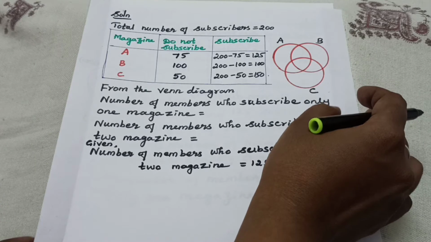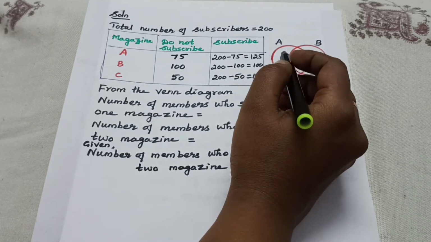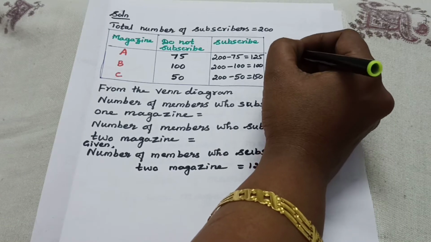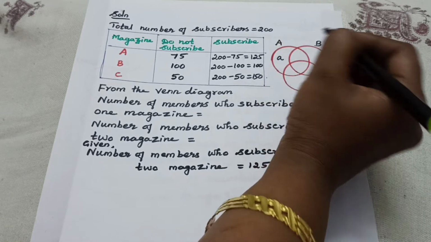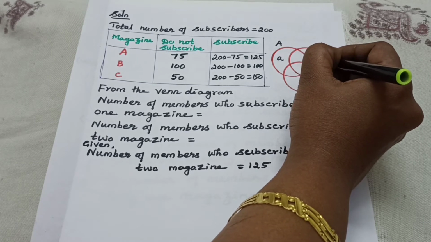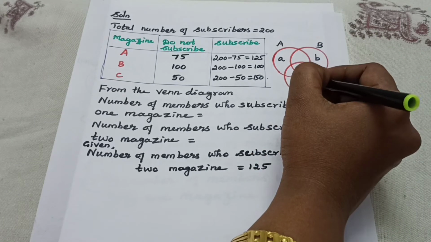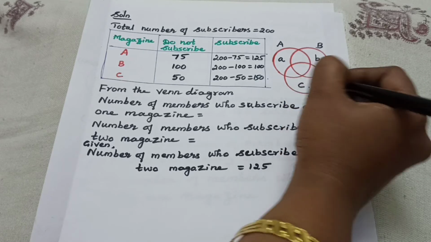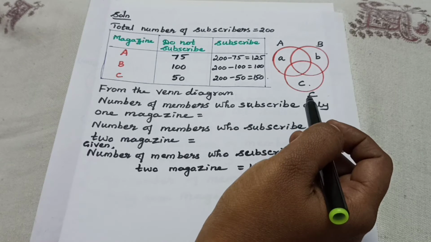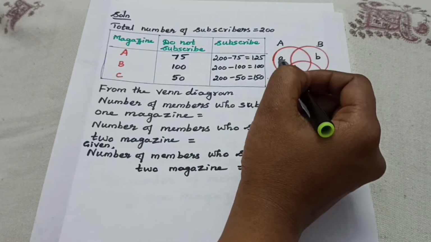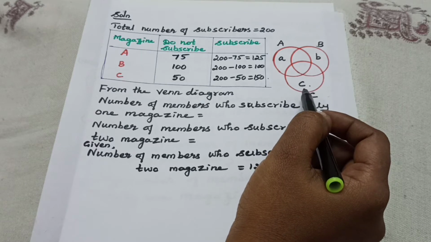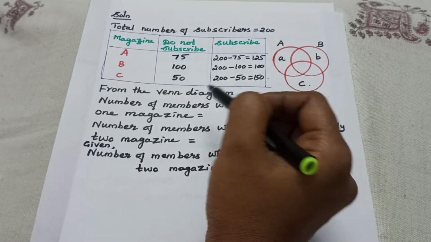Then we have to draw the Venn diagram. With the help of the Venn diagram we have to do this one. This portion, only A, we have to take A. This portion only B, we take B. This one, C, we take C. Then the number of members who subscribe to only one means A plus B plus C. From the Venn diagram we can write.